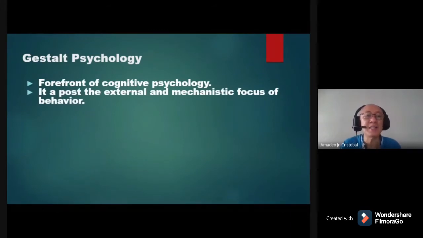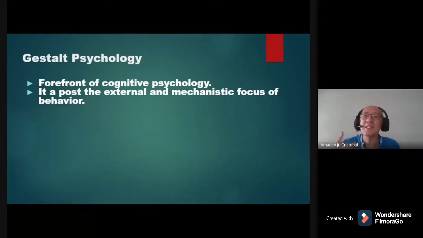It posits the external and mechanistic focus of behavior. So Gestalt psychology is focused on the repetitive behavior that is always seen in an individual, and we can already see it because it is visible.